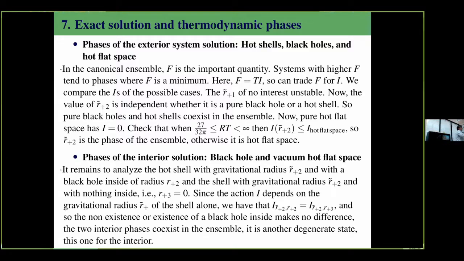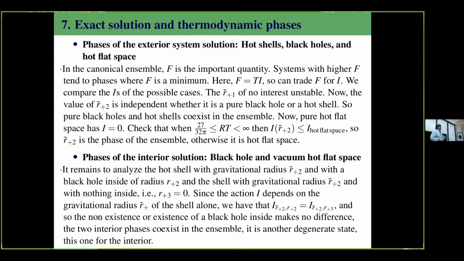So in the canonical ensemble, the system with lower F. Don't forget F is equal to E minus TS, so S has a minus sign. And so we have to see which phases that are possible have the minimum possible F.